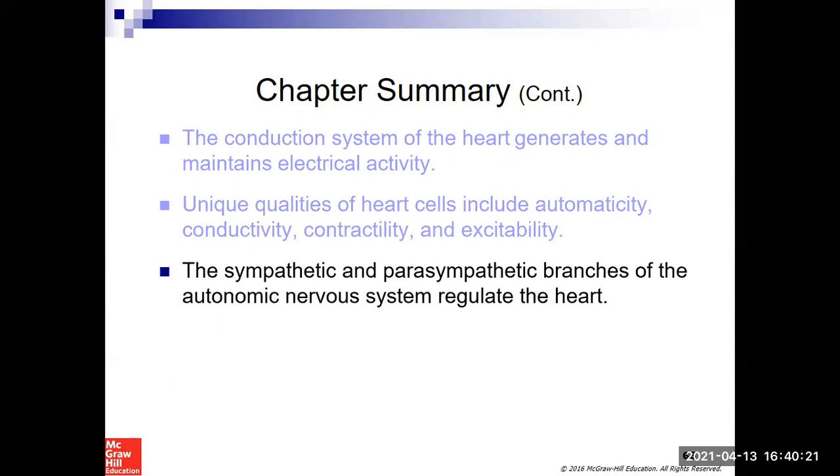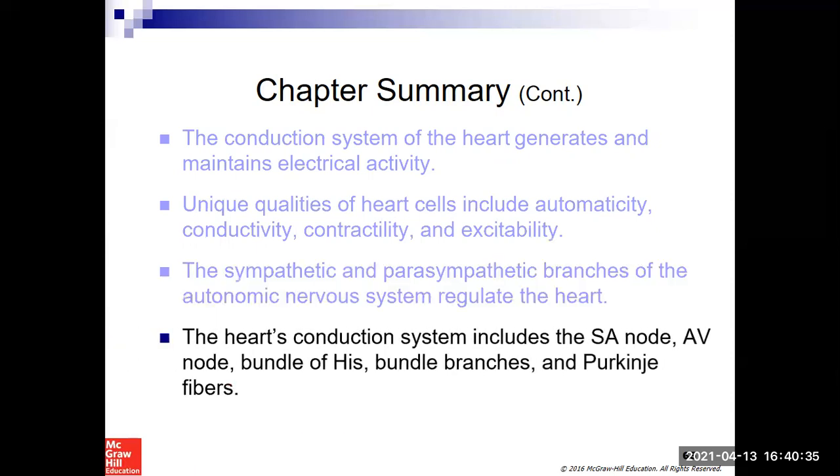Sympathetic increases the heart rate, and parasympathetic decreases it. Put down the relationship between them so that you can know. The heart's conduction system includes the SA node, AV node, the bundle of His, bundle branches, and Purkinje fibers. Get familiar with those.